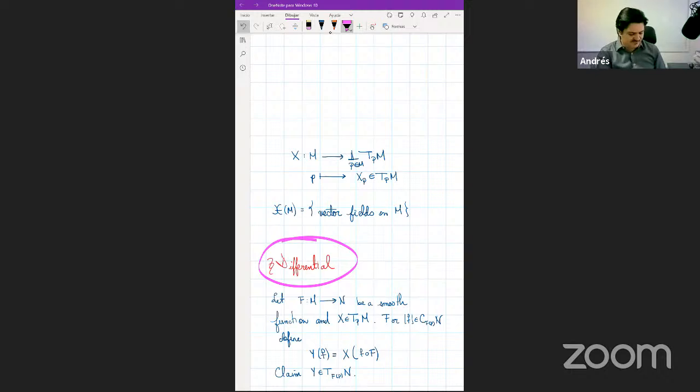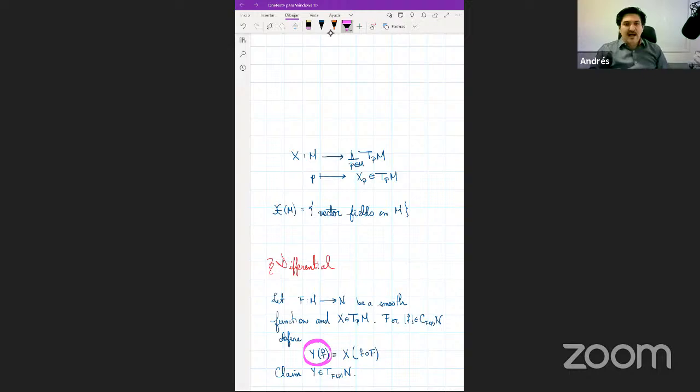And this is what we have now. So we would consider a smooth function. And I'm going to take a vector. So in all of this class, I'm going to consider only a vector, not vector fields. So I only care for one single vector. Okay, and I'm going to look at this.